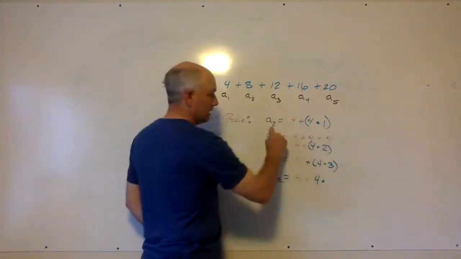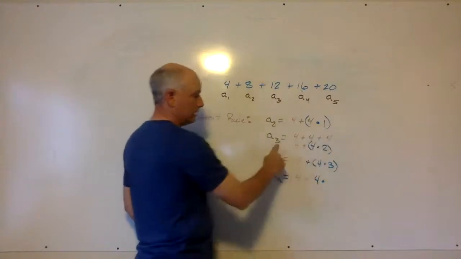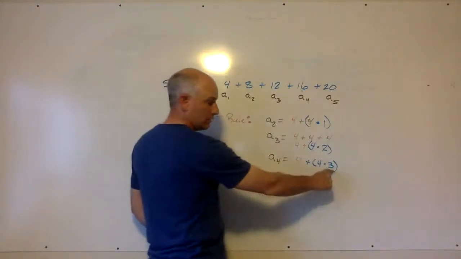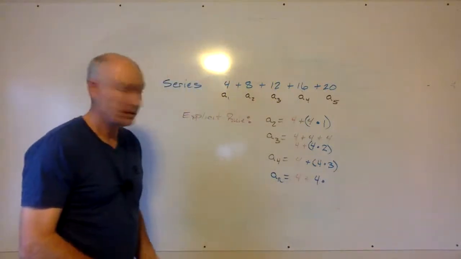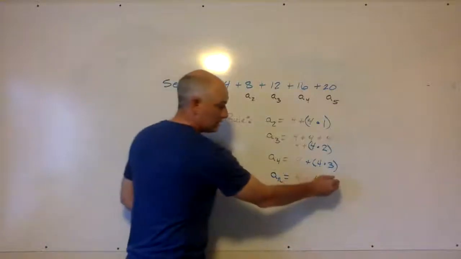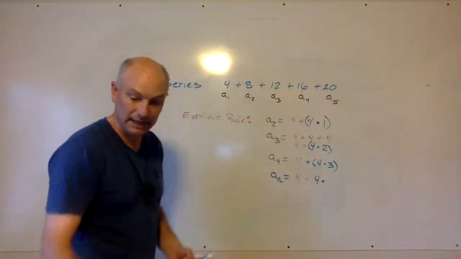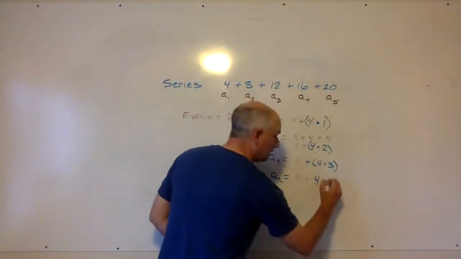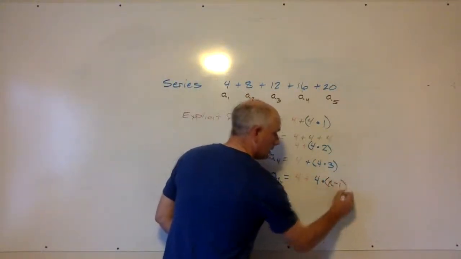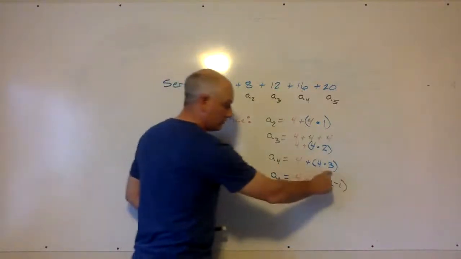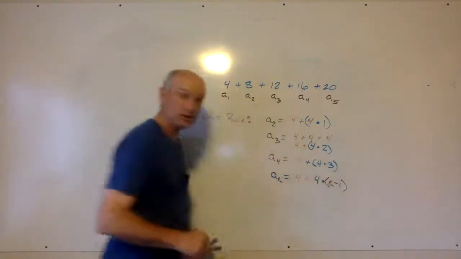Notice it's a sub 2, a 1. A sub 3 is 2. A sub 4 is 3. So if it's a sub n, this number that I'm multiplying by has to be 1 less than that, which would be the quantity n minus 1. 4, 3, n minus 1.